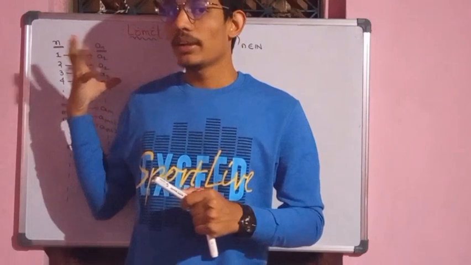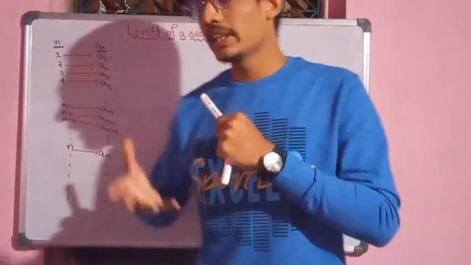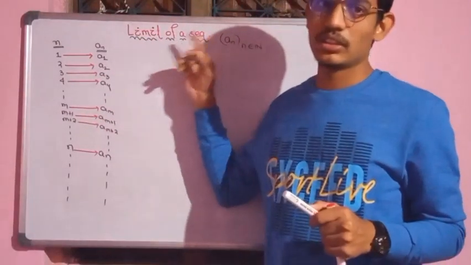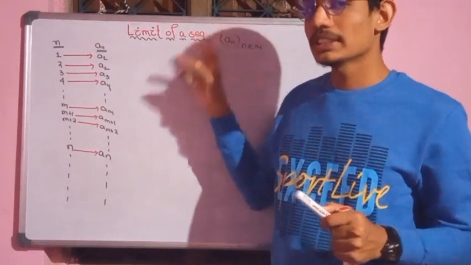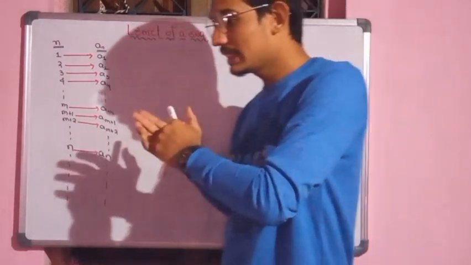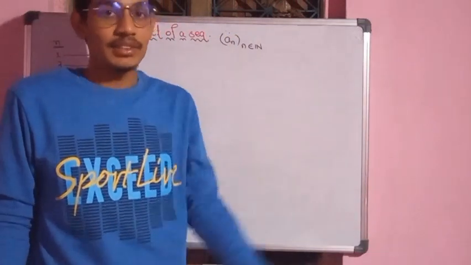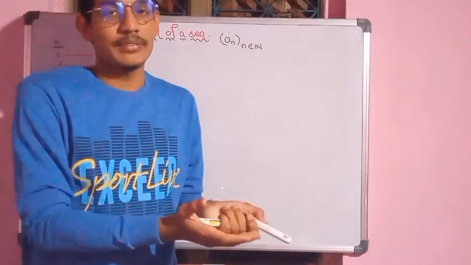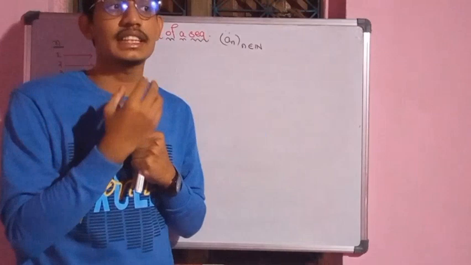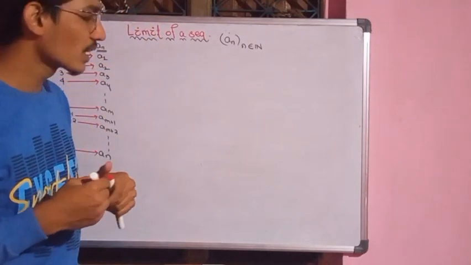So the main motto of this class is that before knowing the limit of a sequence, we have to understand what is the convergence or divergence of a sequence, meaning whether a sequence is convergent or divergent. I am not going to give a bookish definition; rather I will make you understand in a different manner.